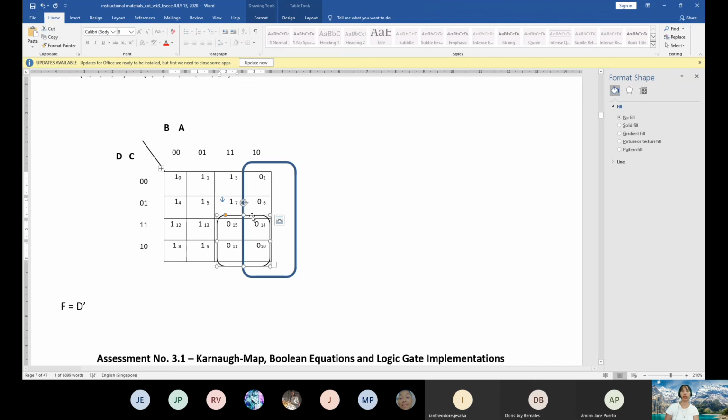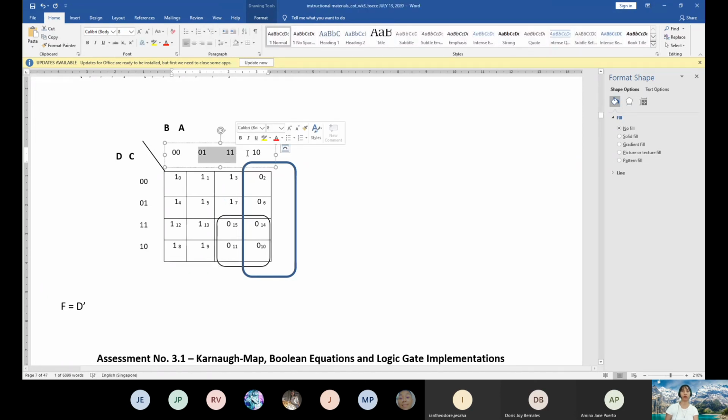Again, we're not yet finished with the black loop. Let's compare the BA input. We have 2 values for the black loop: 1, 1 and 1, 0. Then compare A, 1 and 0.